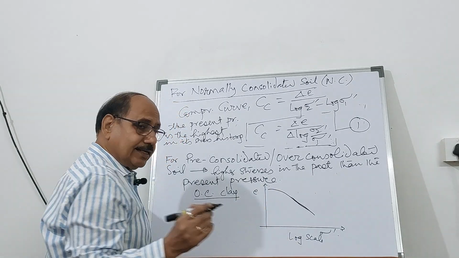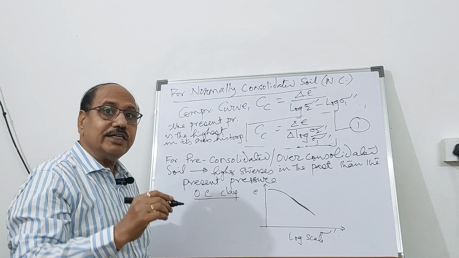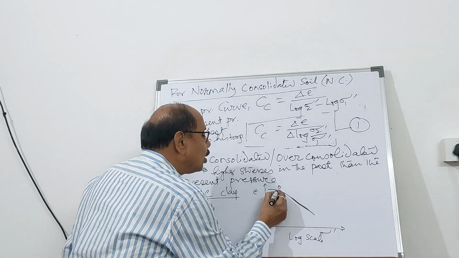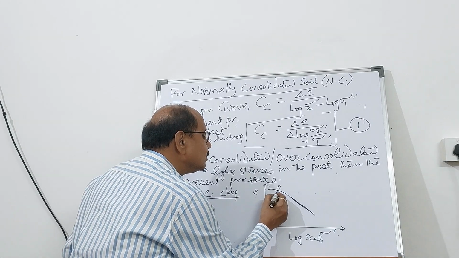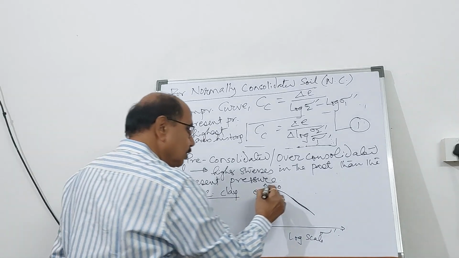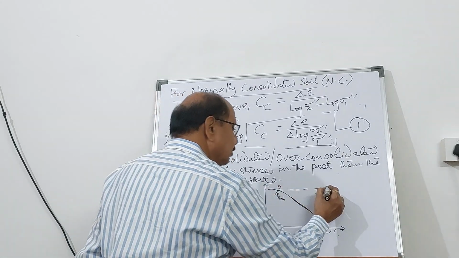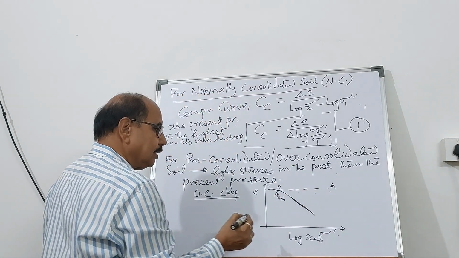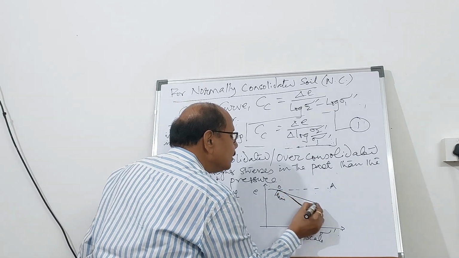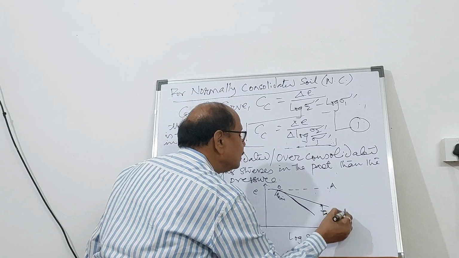So here, in the last video, I told you how to find the pre-consolidation pressure. You have to find a point O which has the minimum radius R, where you draw a horizontal line. So it becomes OA, right? And then you draw a tangent over here. So this becomes the tangent, isn't it?